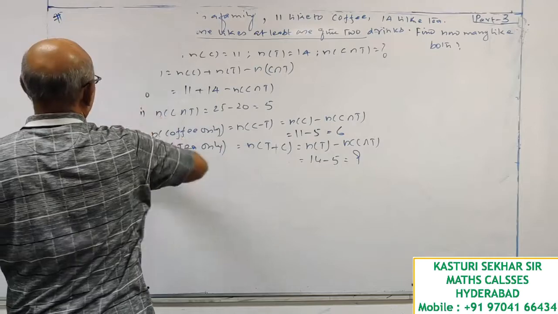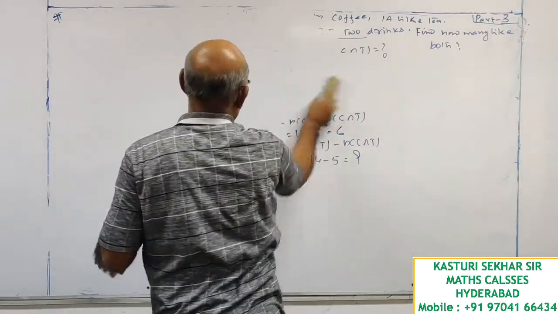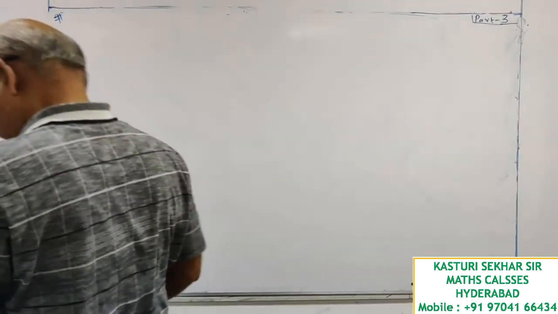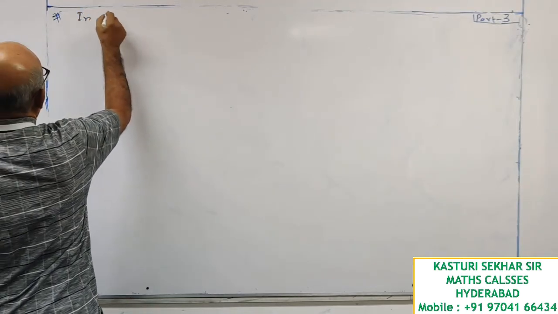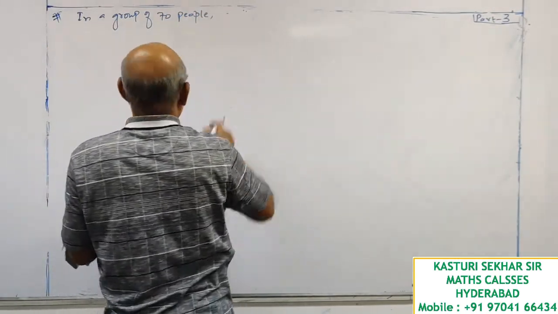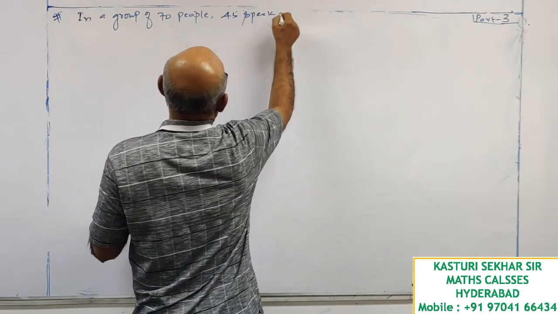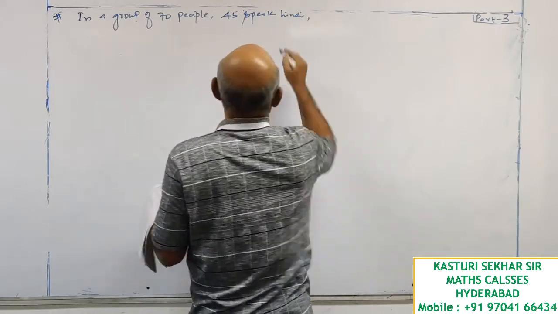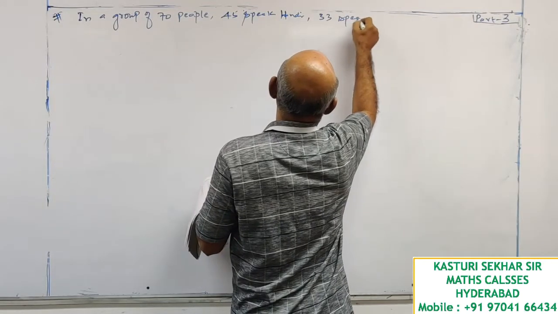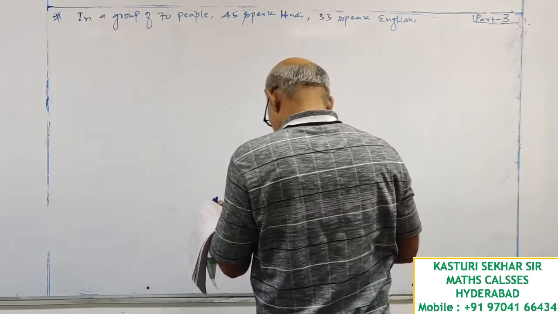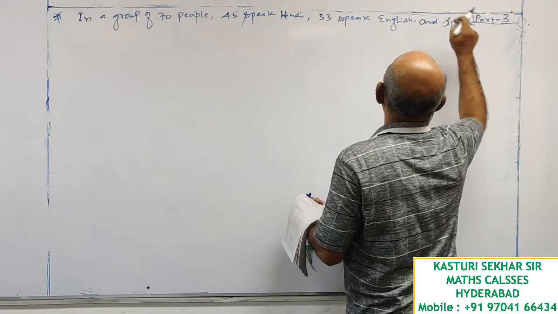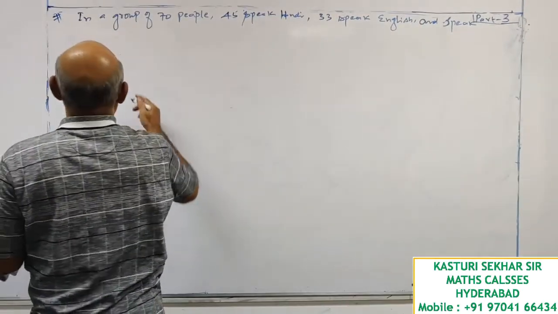Next question. In a group of 70 people, 45 speak Hindi, 33 speak English, and 10 speak neither Hindi nor English.